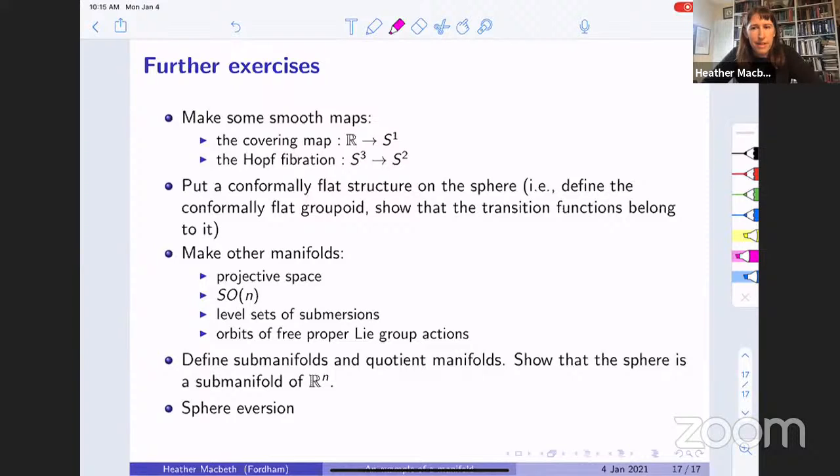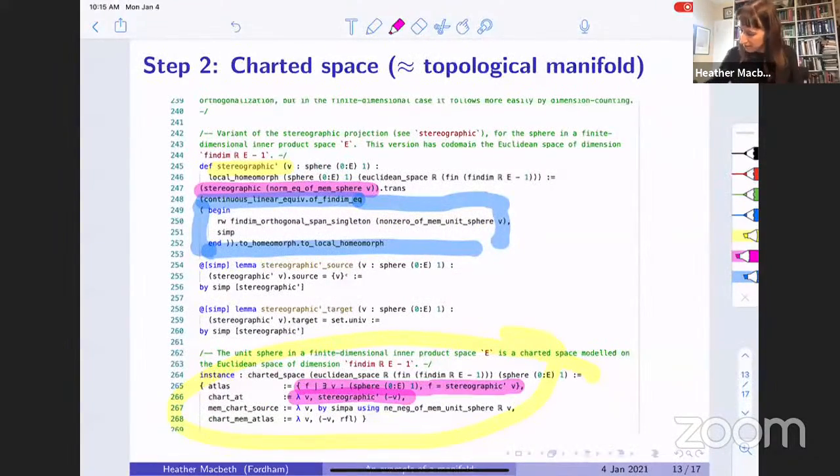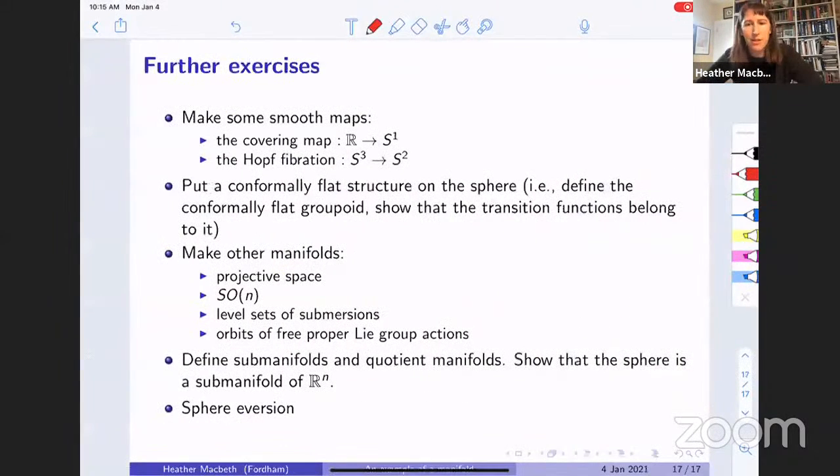There's one little wrinkle there, which is that in order to do this, back where I modified my transition functions with an arbitrary linear equivalence between the orthogonal complement and Rn, you'll need to upgrade that to an arbitrary isometry between the orthogonal complement and Rn. So you need some version of Gram-Schmidt orthogonalization to do that. But beyond that, I think it's not too hard.